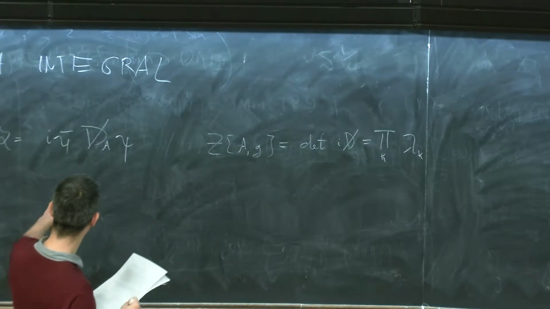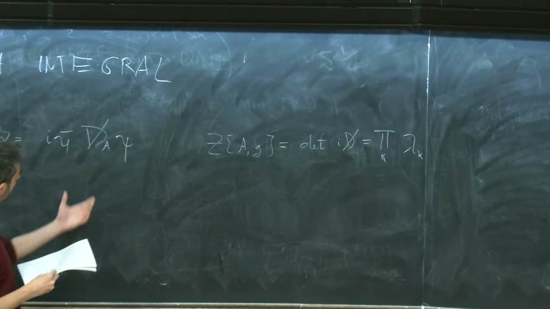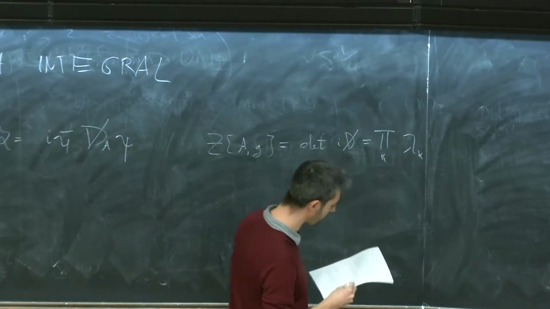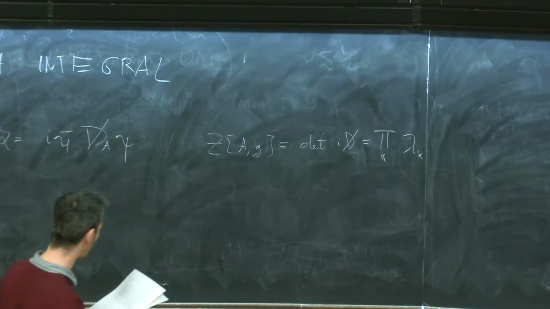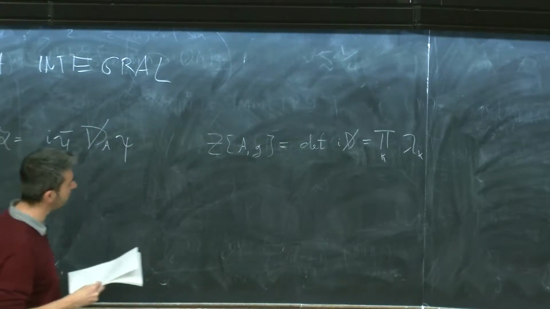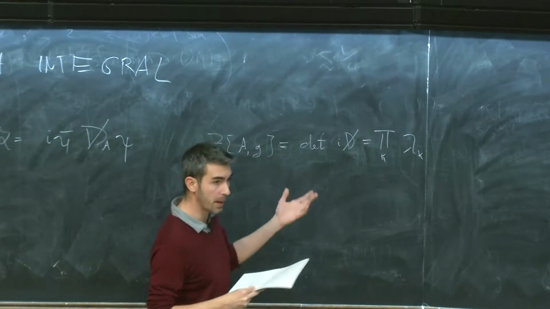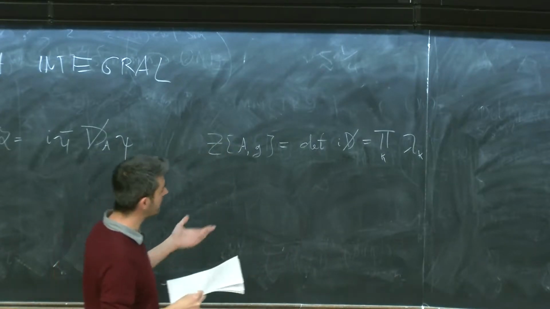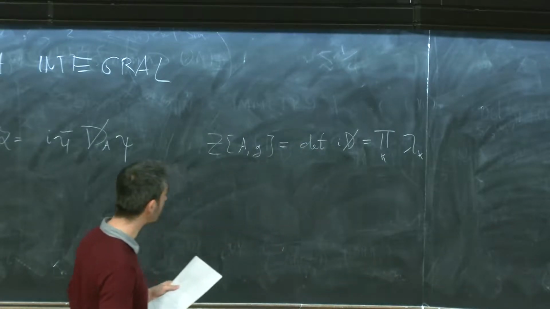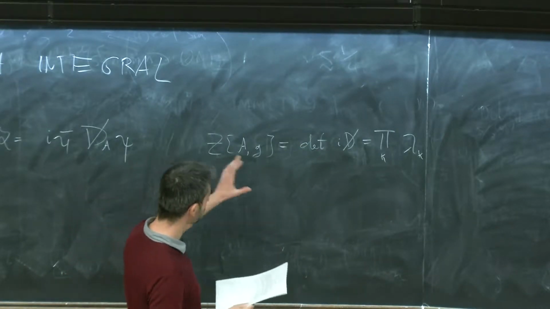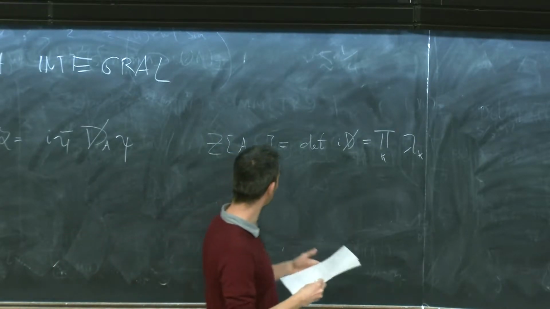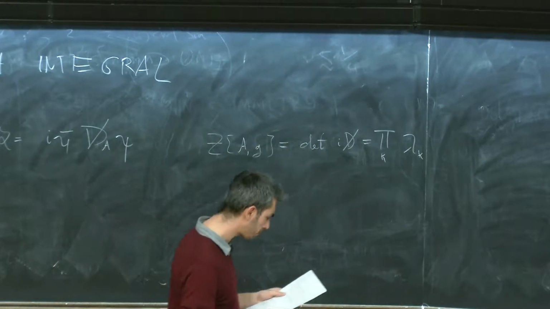And in fact, a free Dirac fermion is a theory which is parity invariant, time reversal invariant, also charge conjugate invariant.